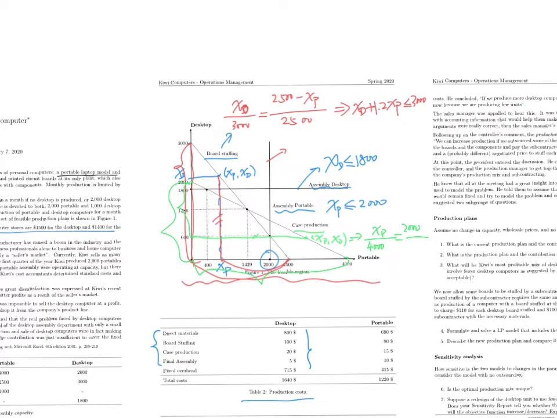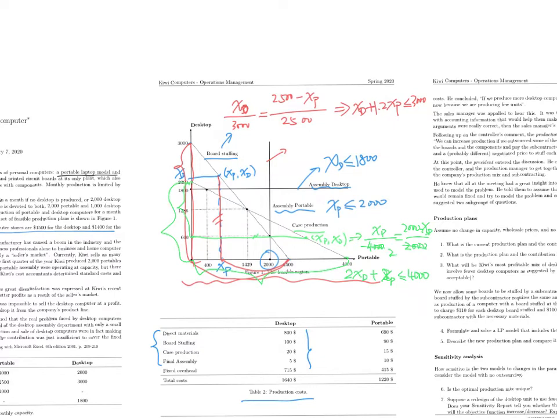2000 minus XD over 2000, and then rearrange this relationship, then we get the constraint, which is 2 times XD plus XP less than or equal to 4000.